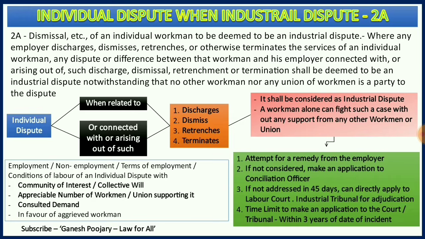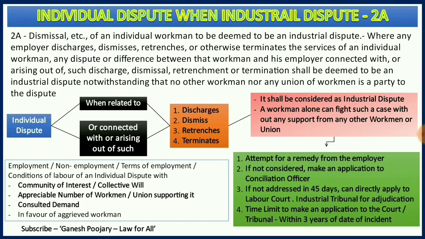For that answer, forget all the colored boxes. Now come to the plain box which I have kept in the last part of this slide. Here again I am referring to section 2K. If the matter that is happening with an individual employee is related to employment, non-employment, terms of employment or conditions of labor. Remember, all of these terms are coming from section 2K.